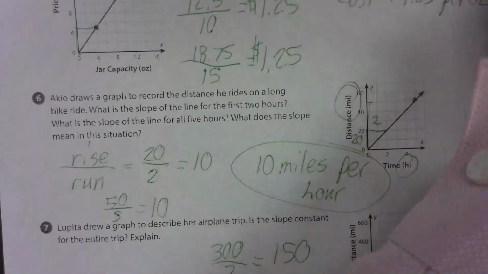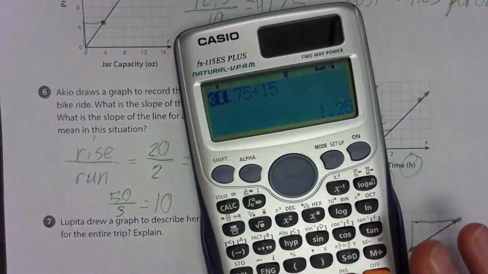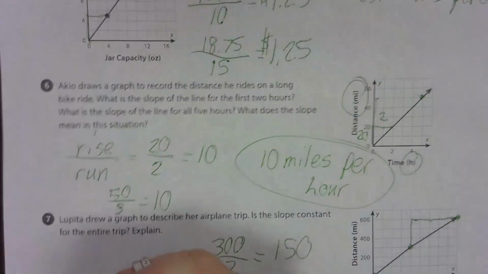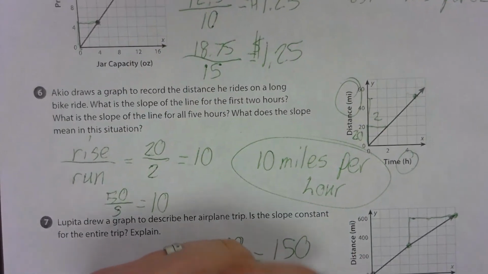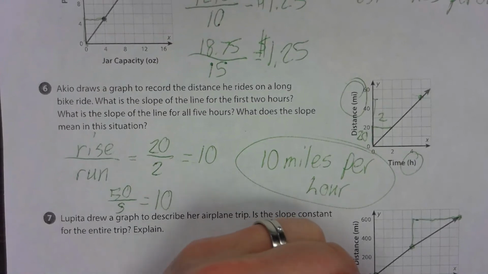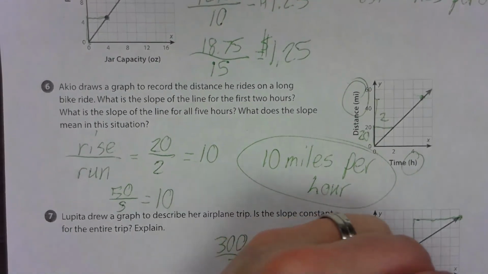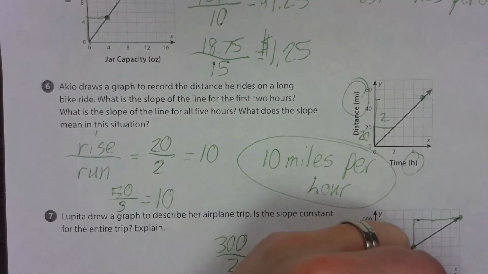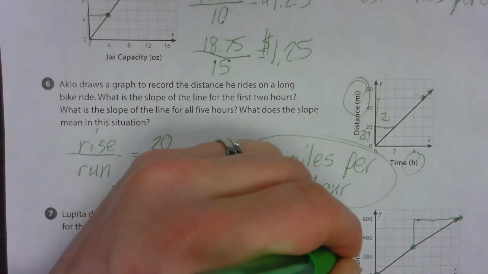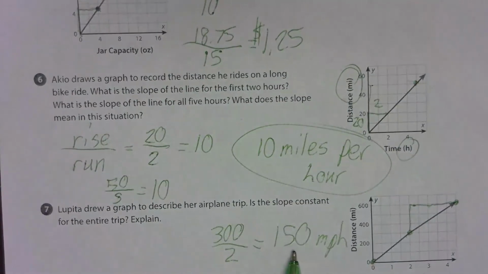Well, 300 divided by 2.5 equals 120 miles per hour, compared to 125 miles per hour, or 150 miles per hour.